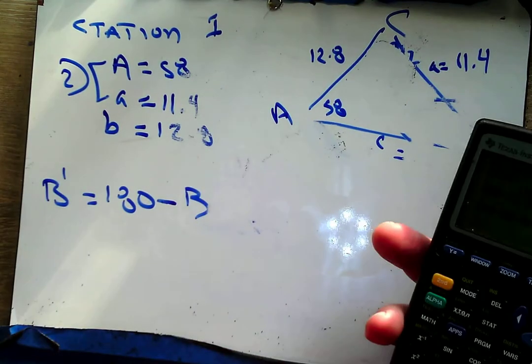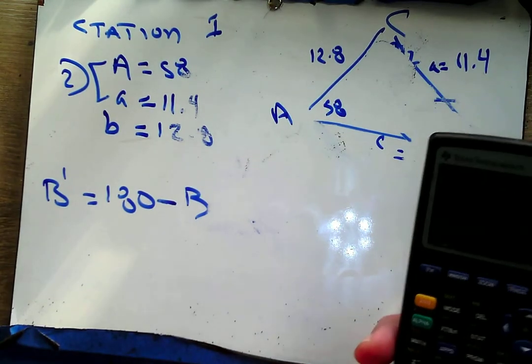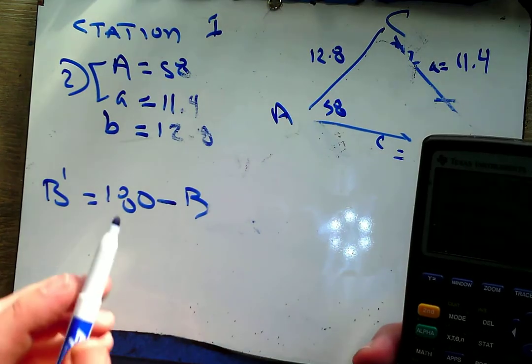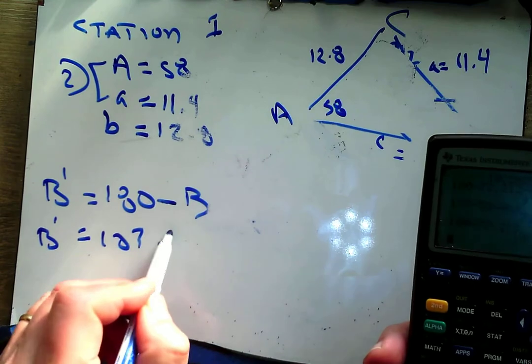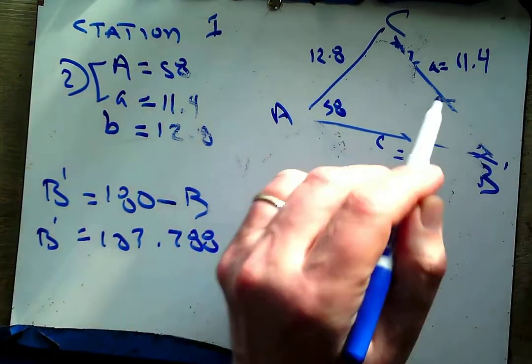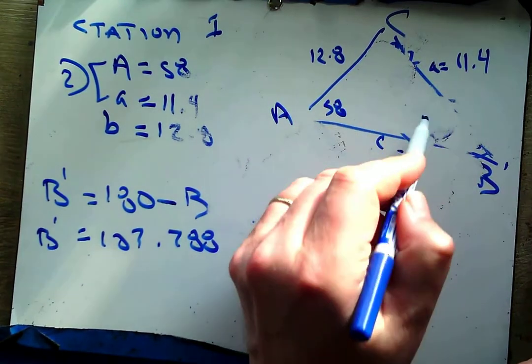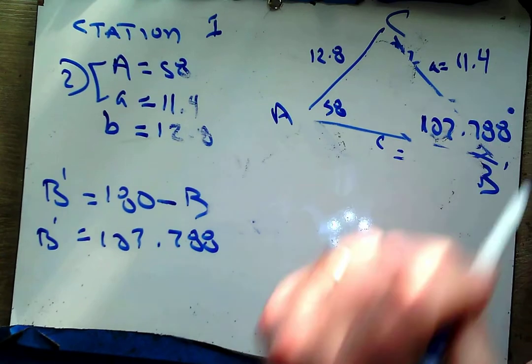So I know that B was 72.212, and if I do 180 minus 72.212, I'm going to end up with B prime being 107.788. Great. Now, is there a second solution? Well, let's test for that second solution, 107.788 degrees.